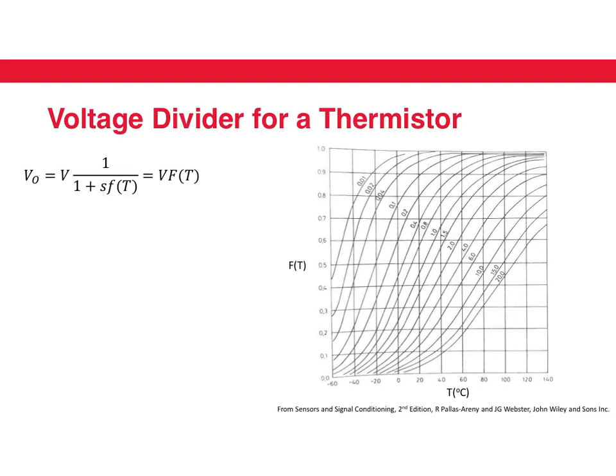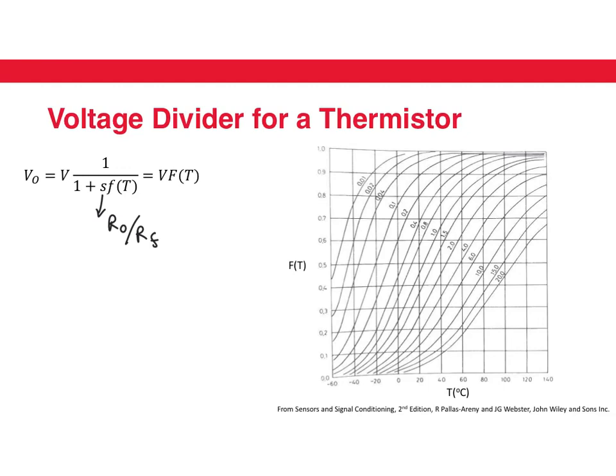Essentially, S is given by S = R0 over RF. So R0 is the base resistance of the thermistor, and RF is the fixed resistance in the voltage divider.